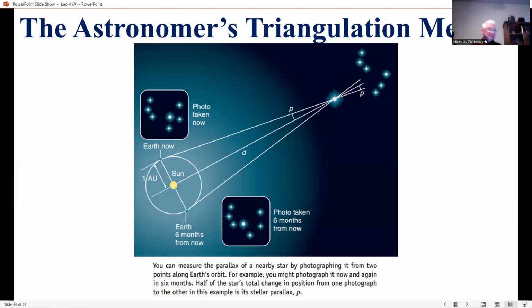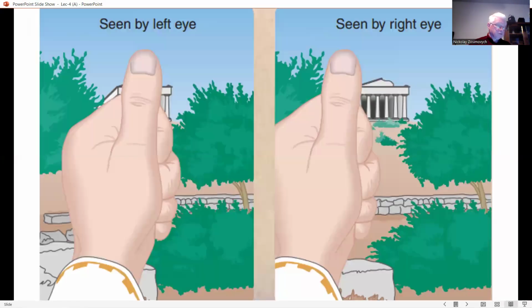And lines to the star outline a long, skinny triangle, as you can see in this figure. You then have 2 photographs of the same part of the sky taken from slightly different locations in space.